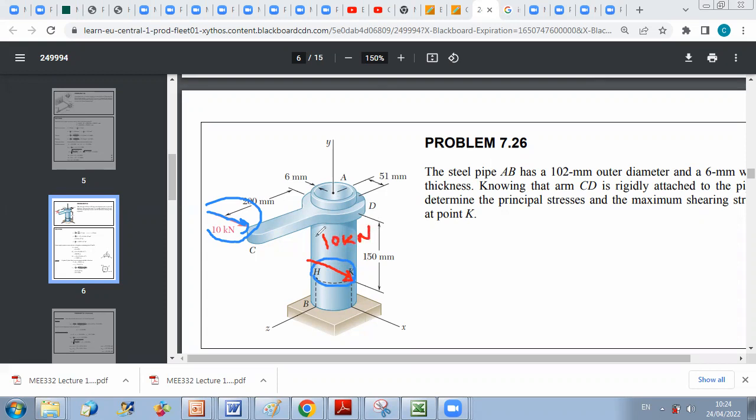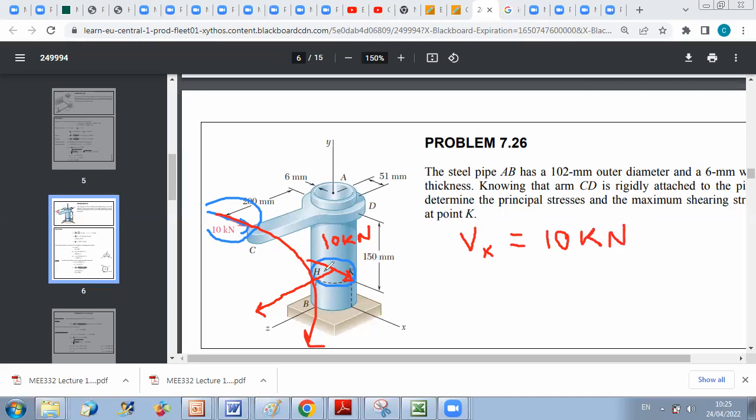Now, concerning moments created by this force. First, as we can see, this force can lead to a bending moment about the Z axis. And if you do the right hand rule, you have that the moment about Z is a negative moment. So I have a shear along the X axis, so Vx equals 10 kilonewtons.